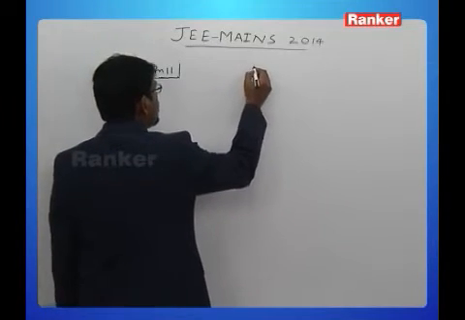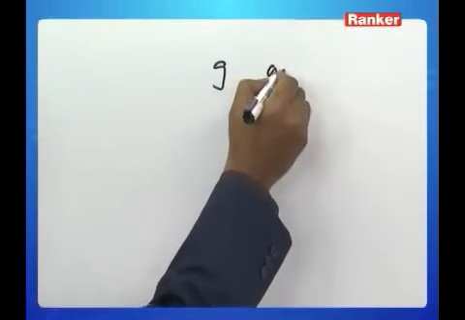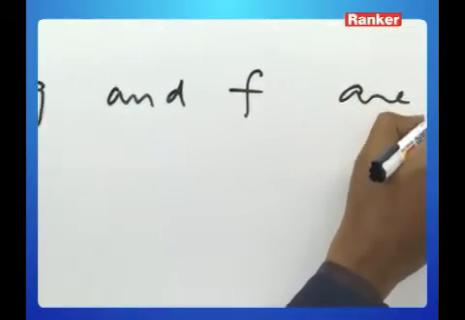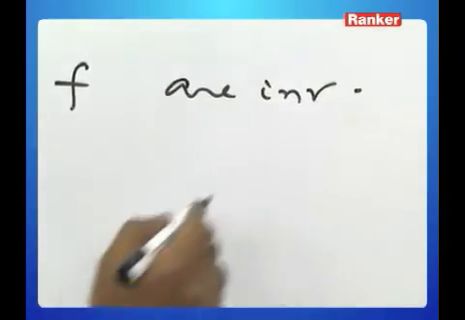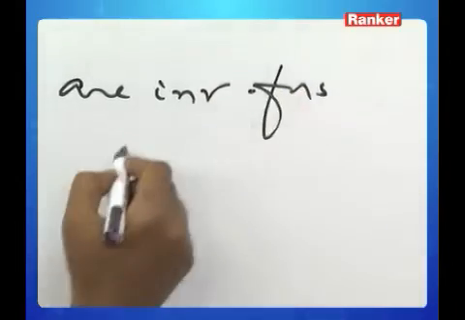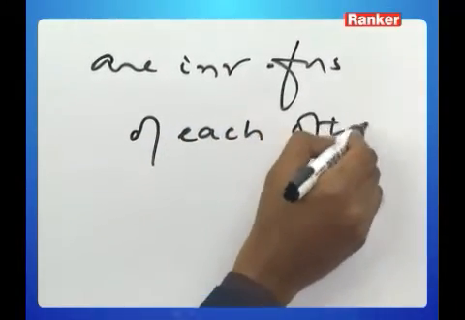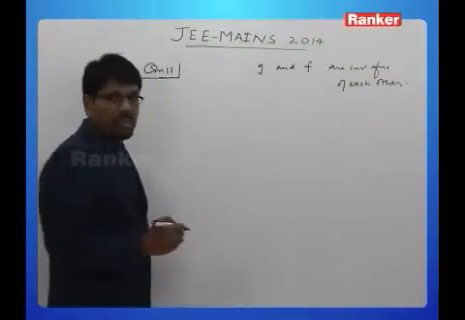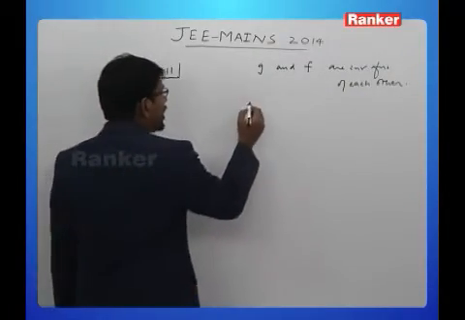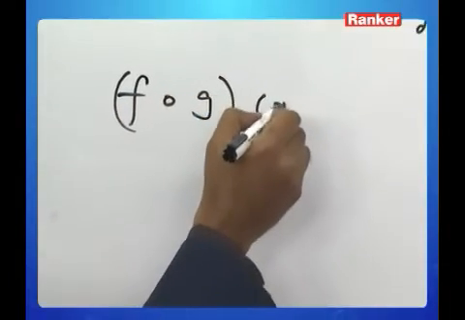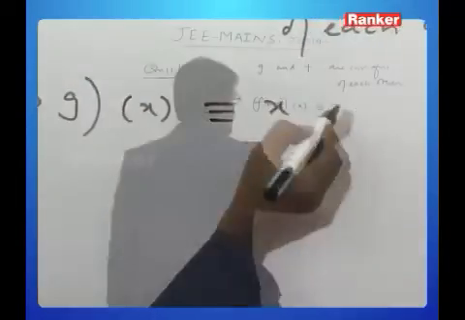What is given? g and f are inverse functions of each other. Now clearly f composition g must be an identity function, identically equal to x.